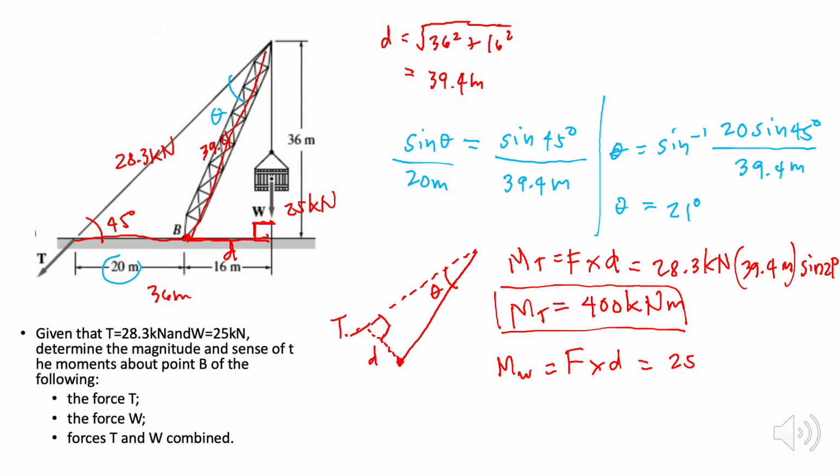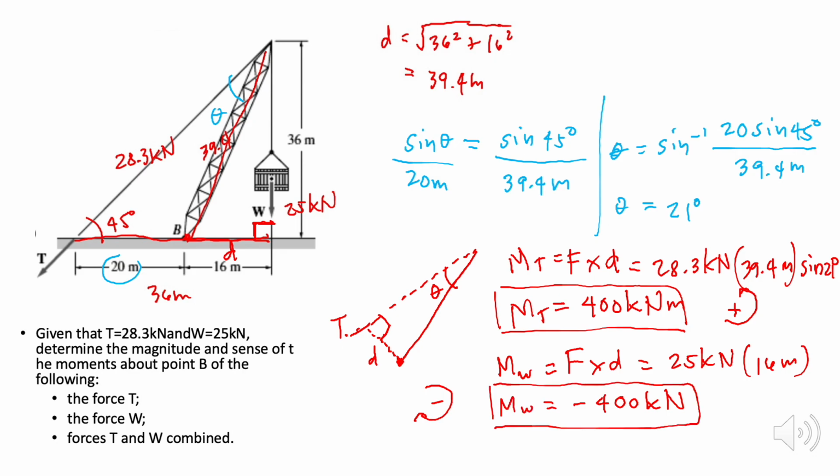So that's 25 kilonewtons times 16 meters, which is equal to negative 400 kilonewton meter. It's negative since if we apply this force W, it will create clockwise rotation, so that's negative, while if we apply force T, it will create a counterclockwise rotation. That's why it's positive. So this is MW.